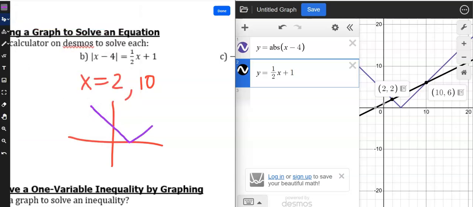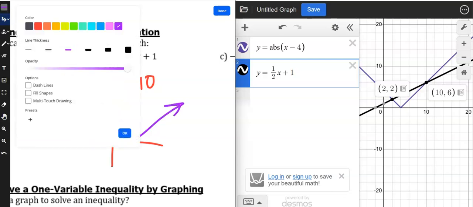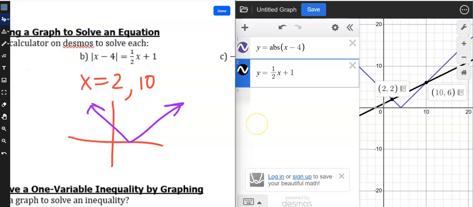We've got this shape coming through here like this. I didn't do a very good job on the slopes there, but I'm just doing a quick sketch. And you got this thing coming through like this. And so you can see here at 2 and here at 10. 2 and 10.